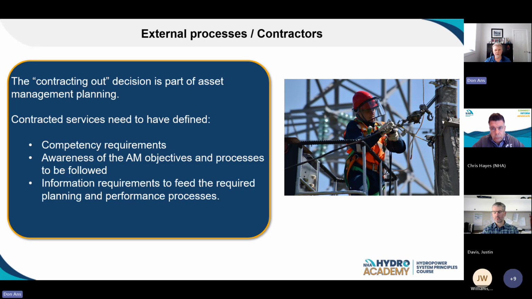If you decide it's going to be contracted, now you have to ask what the competency requirements for that contractor are. They have to be aware of your asset management objectives and processes, and of the information requirements to feed the required planning and performance processes.